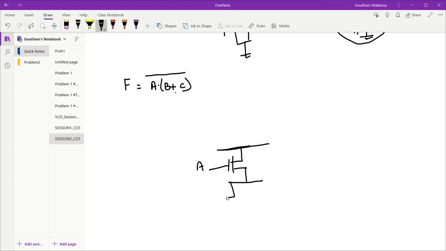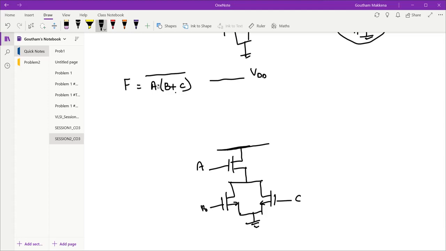So this is how it looks like. The pull down network is something like this. So this forms my B and this forms my C. Now let me come up with the pull up network. In the pull up network, again, A is being ANDed with B or C here.